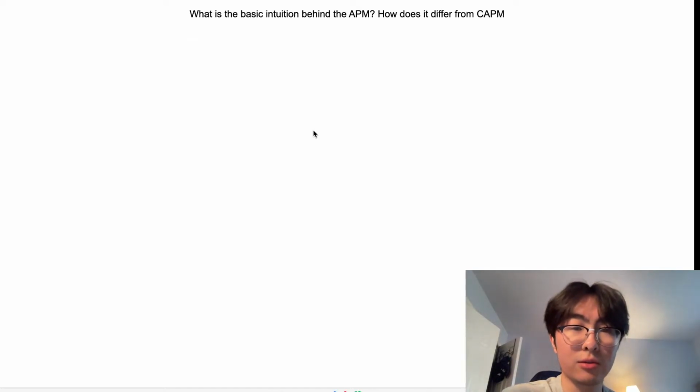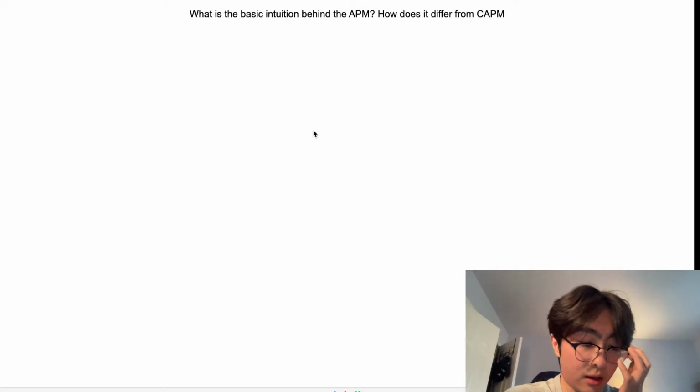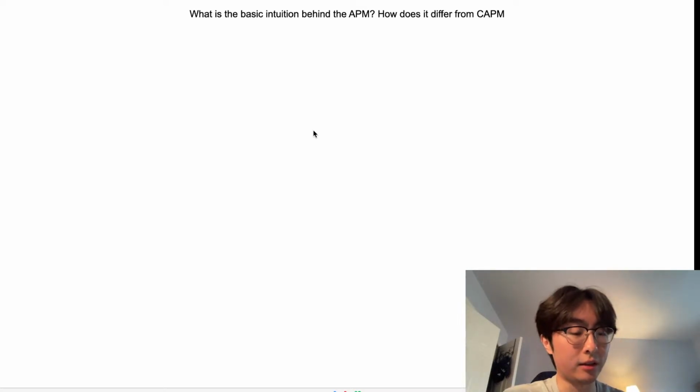What is the basic intuition behind the arbitrage pricing model? How does it differ from CAPM? Both the arbitrage pricing model and the capital asset pricing model are ways to measure this idea of risk, but they do it in different ways.